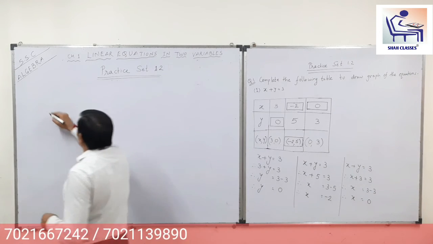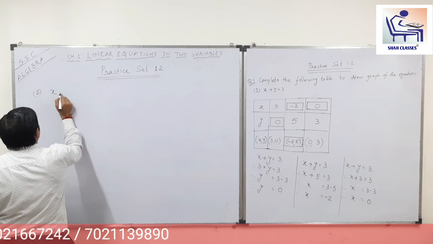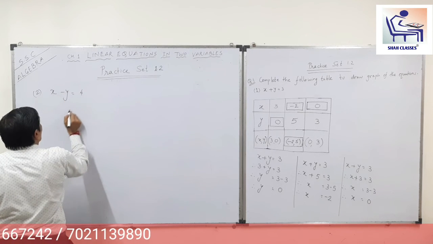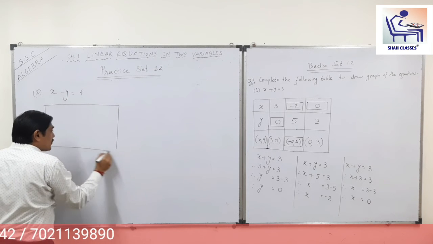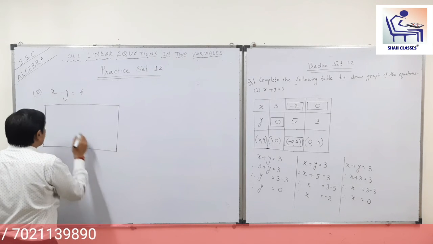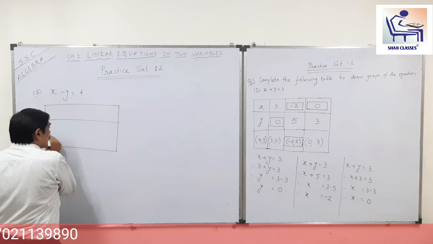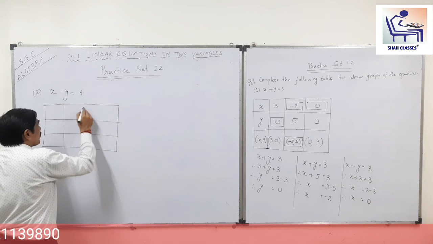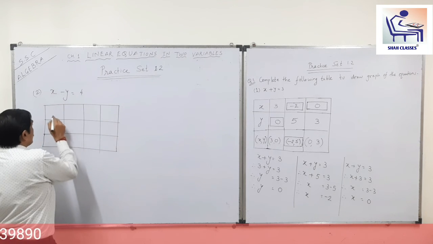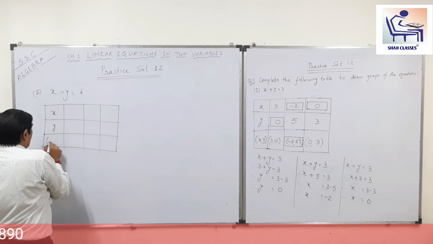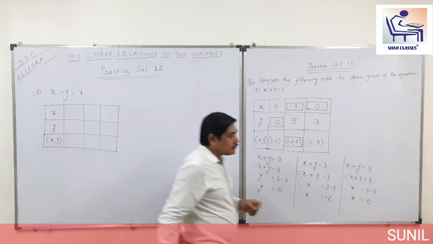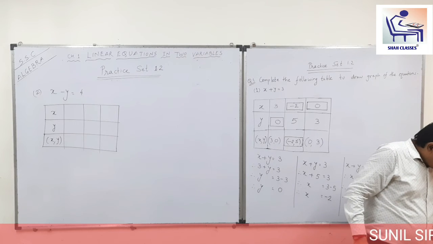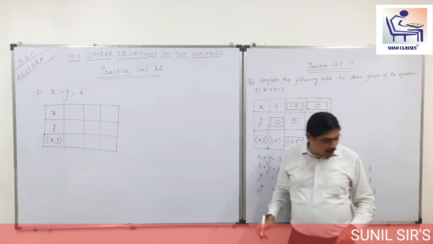Your second activity is x minus y is equal to 4, and we have to again fill the boxes. Now 0, minus 1 and 0.